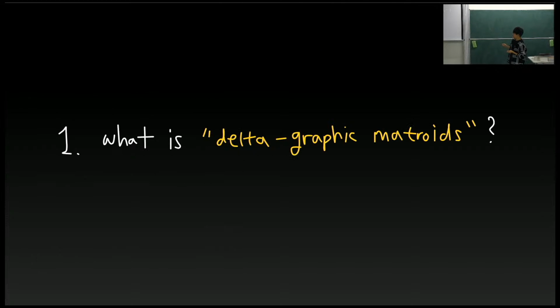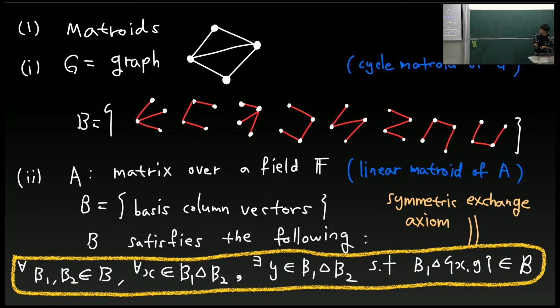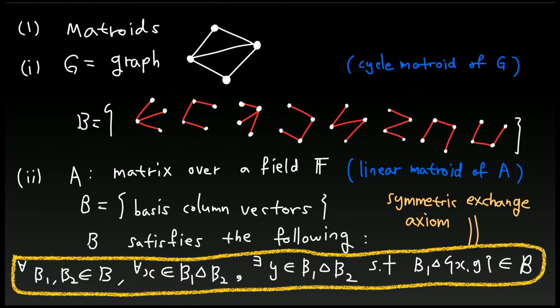So let me start by introducing some motivating combinatorial objects. First one is matroid. I'll give 2 examples of matroid. The first example comes from a graph. For simplicity, we may assume that G is connected and consider the collection of the edge sets of spanning trees.